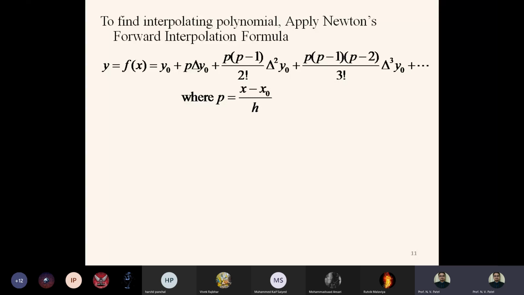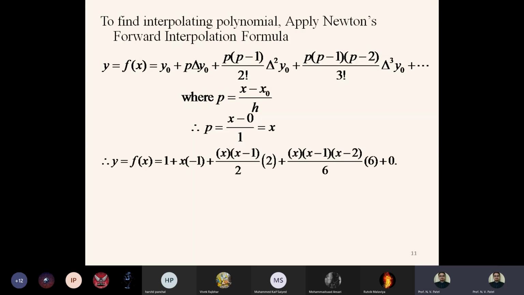So p is x minus 0 upon 1, which is equal to x. So p is equal to x only.